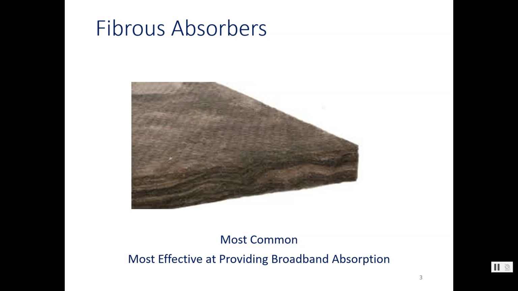Some of the other ones, the newer ones that we're going to cover here soon, are more meant for what you might call specialty purposes, or they might be required because a certain look is desired by the architect or whoever owns what you're working on. But this one is most cost-effective, most common, provides a lot of absorption over a wide range of frequencies.